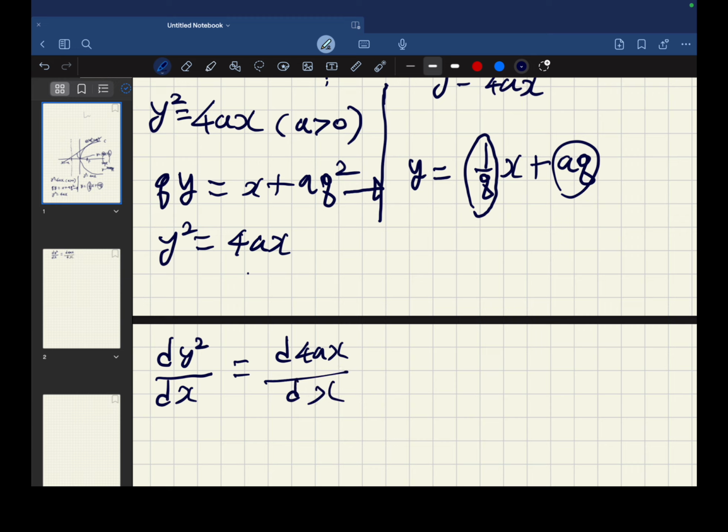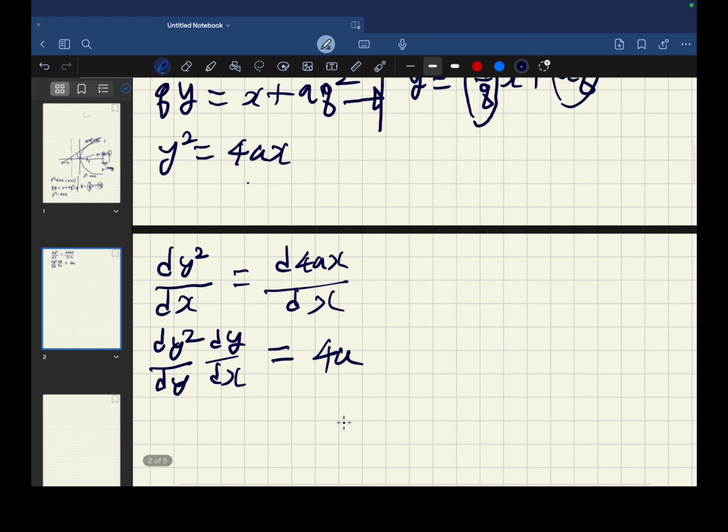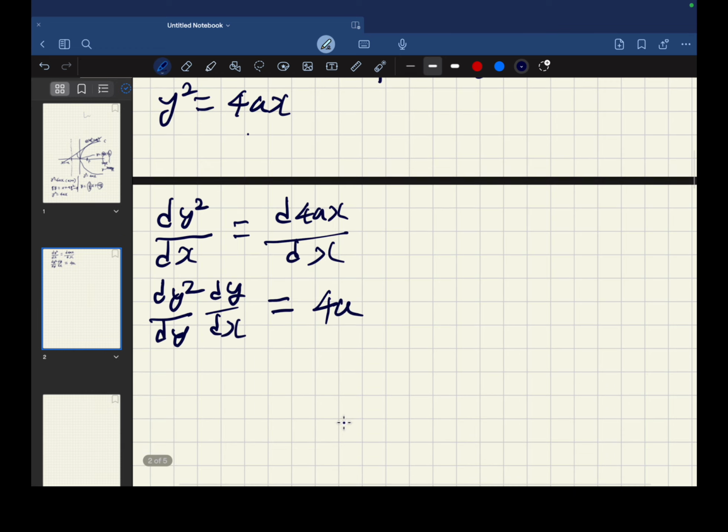And the left side, by chain rule, is equal to d y squared over dy times dy over dx. And the right hand side is simply 4a, that may be the constant. So we can simplify this to 2y times dy over dx is equal to 4a.